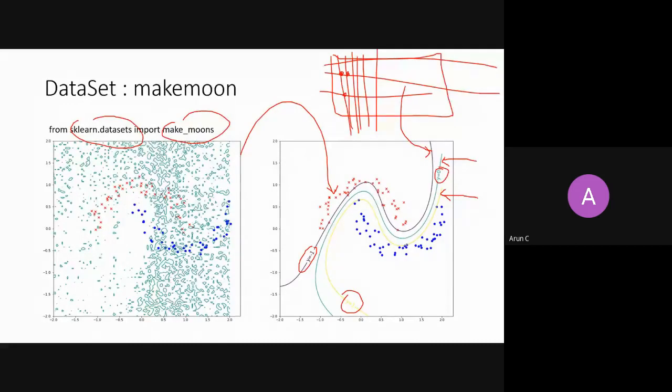Then for every point in the grid, you predict the value of Y. Then for the whole space, you have values of Y, whether positive, negative, -5, -1, whatever it is. Then you just highlight only those Y's where Y equals -1, Y equals +1, and Y equals 0. So you will get 3 curves, and these are those curves.